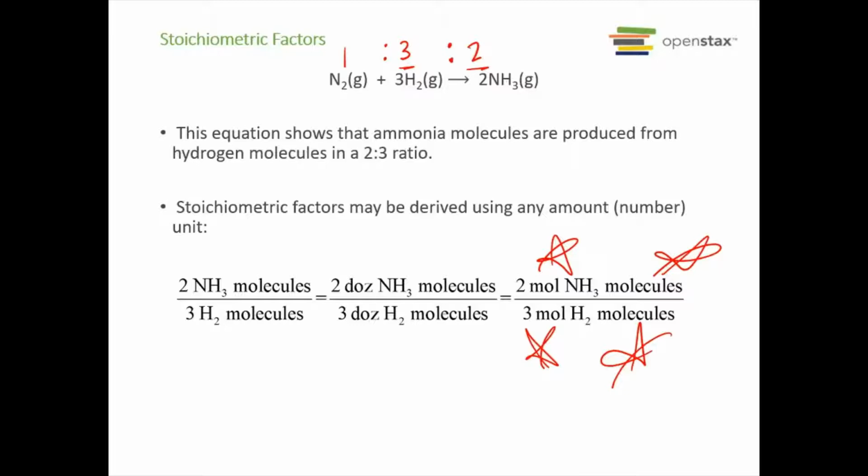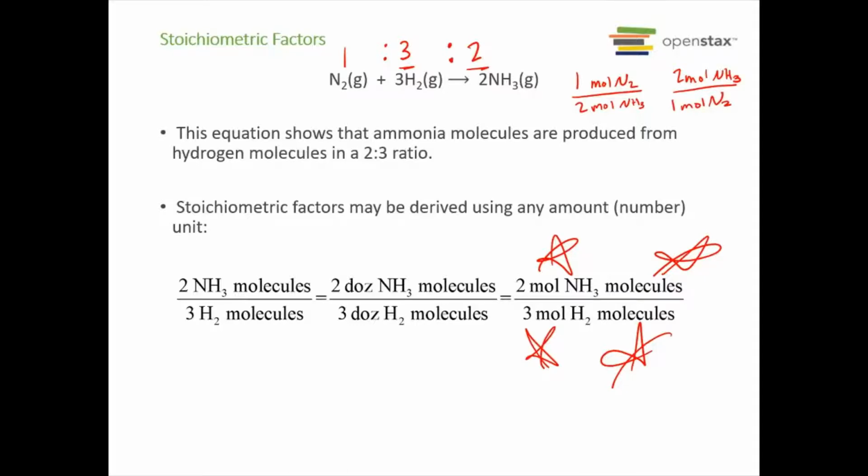Okay? But you can relate the nitrogen to ammonia. We could have 1 mole of N2 for every 2 moles of NH3. We could also write that as 2 moles of NH3 for every 1 mole of nitrogen. We can relate everything here.